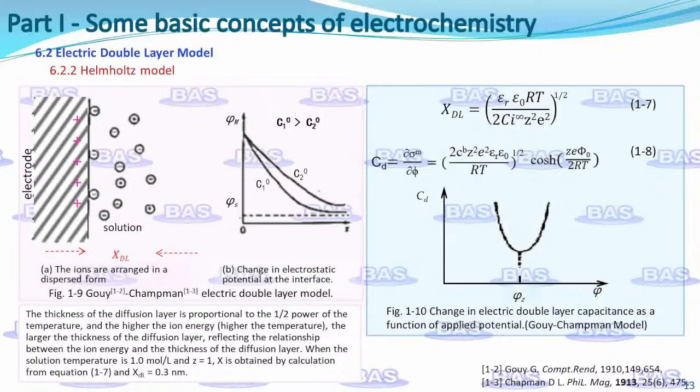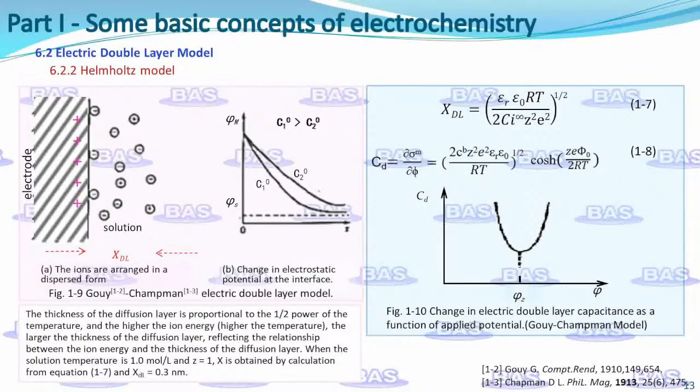In the diffuse electric double layer model, the distribution of particles at different distances from the electrode obeys Boltzmann's law. The thickness of the diffusion layer can be expressed by equation 1.7. From this equation, it can be seen that it is proportional to the square root of the temperature, which reflects the relationship between the energy of the ion and the thickness of the diffusion layer.